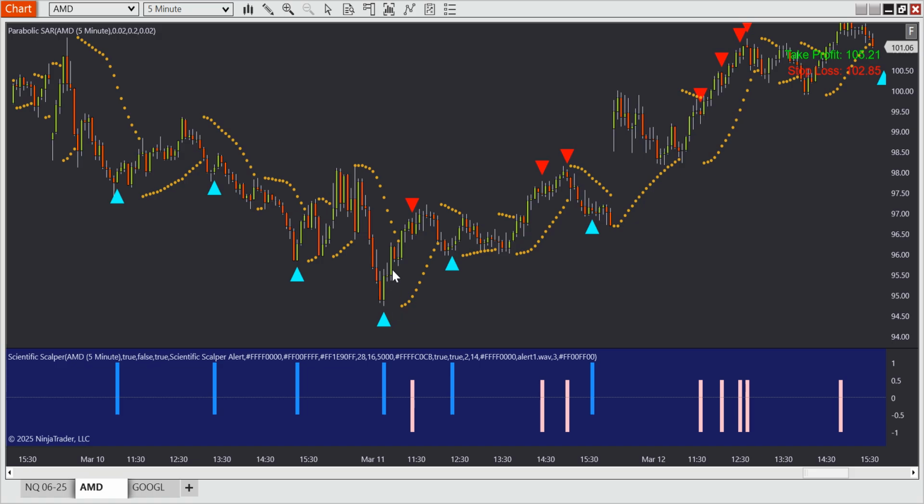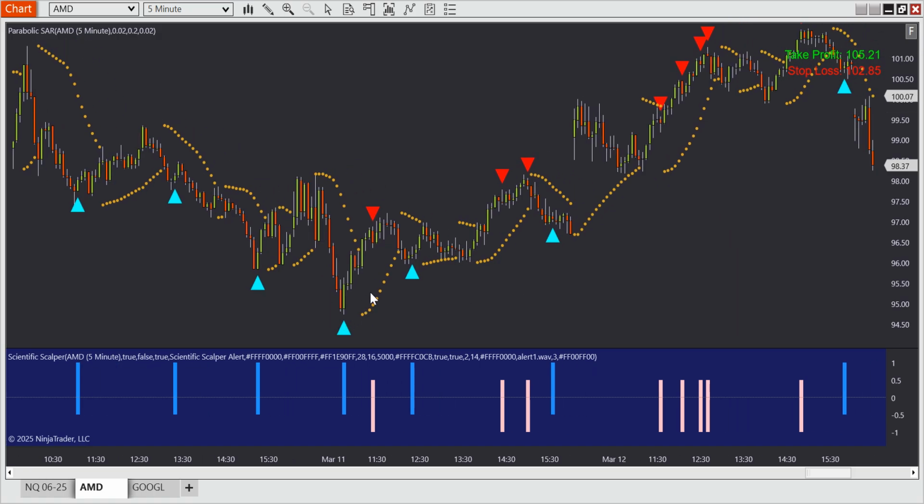And a few candles later, we now have the parabolic telling us a small uptrend is starting. You can wait for the dots to start showing before you enter in. And of course, we see here, this would have been catching very much near the bottom of this huge up move here.